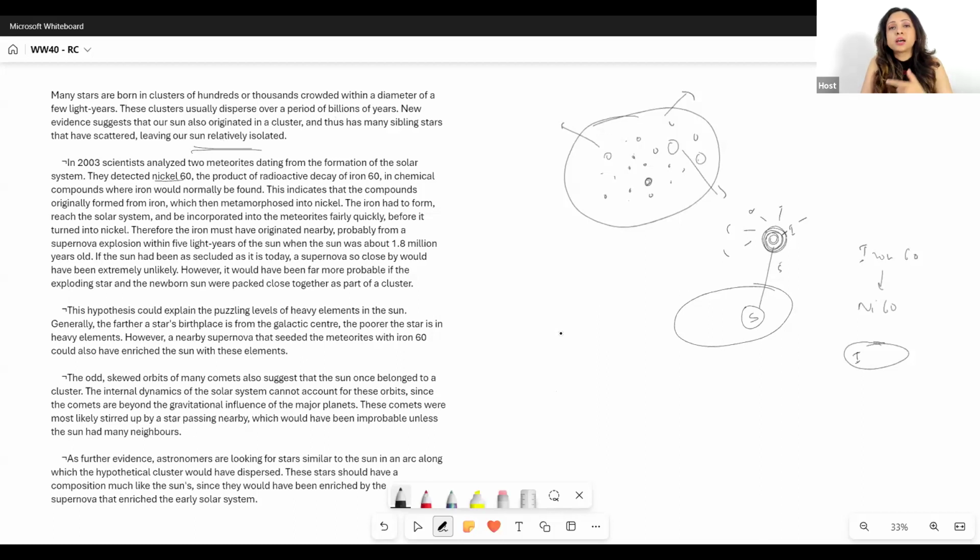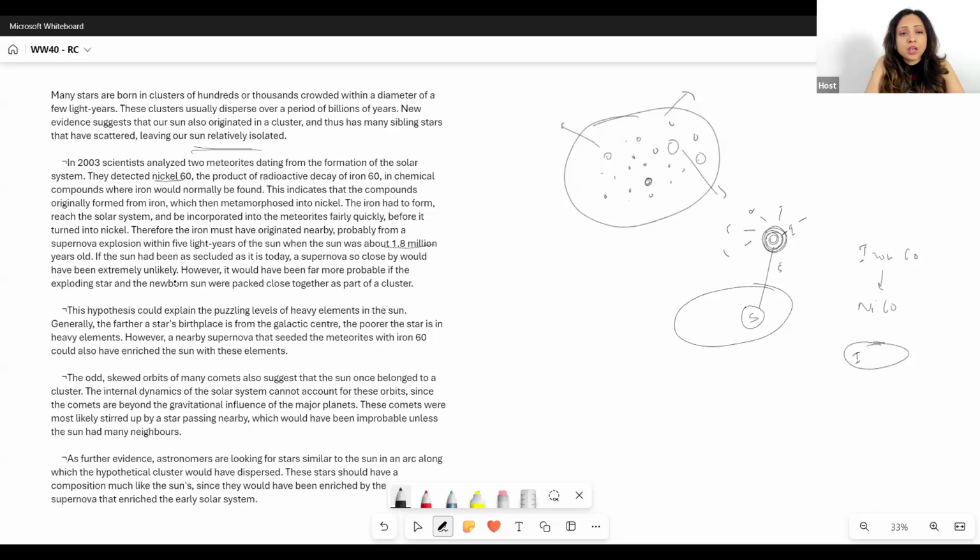So they're saying that if the sun was as secluded at that time also, when the sun was 1.8 million years old, with very few stars around it, and a supernova happened so close by, the probability of that is very, very little. Supernova must not be an event which takes place very regularly in the universe. Then it must be a rare event, perhaps.